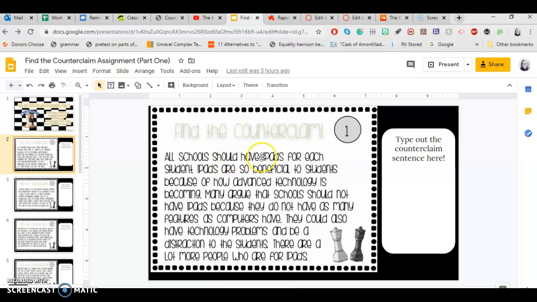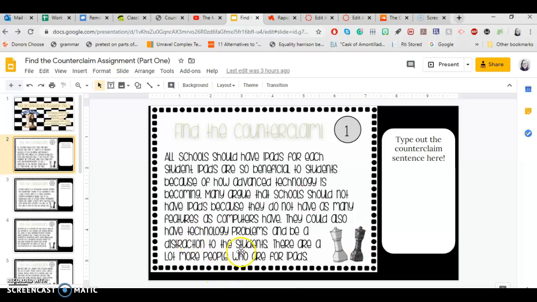So it says: all schools should have iPads for each student. iPads are so beneficial to students because of how advanced technology is becoming. Many argue that schools should not have iPads because they do not have as many features as computers have. They can also have technology problems and be a distraction to the students. There are a lot more people who are for iPads.